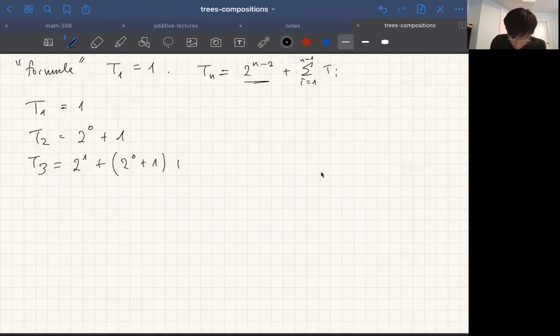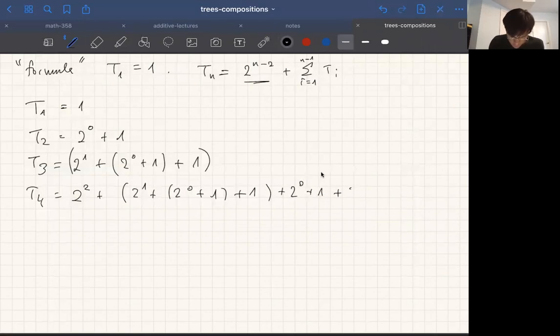That's T2 plus another 1. So T4 will be 2 to the 2 plus this whole thing: 2 to the 1 plus 2 to the 0 plus 1 plus 1. So how many times does 2 to the 0 show up? Twice. 2 to the 1 shows up once.